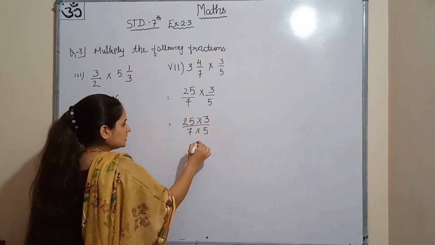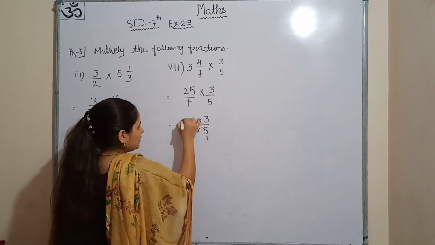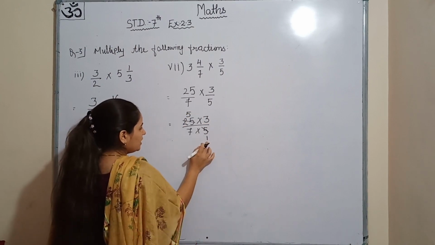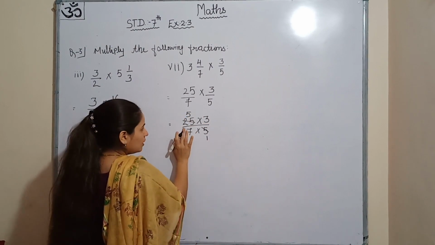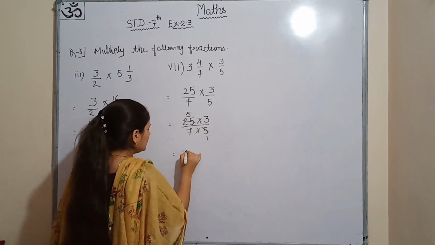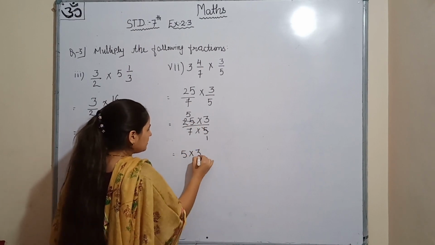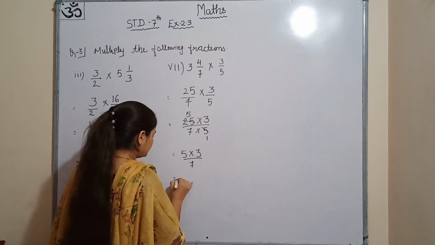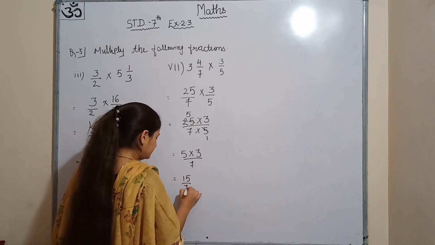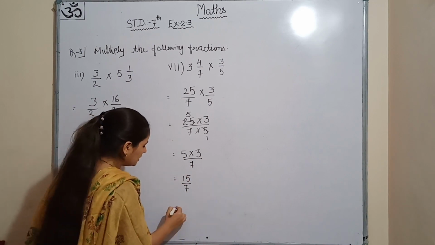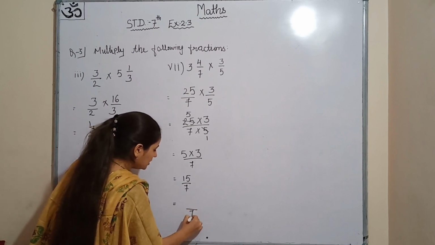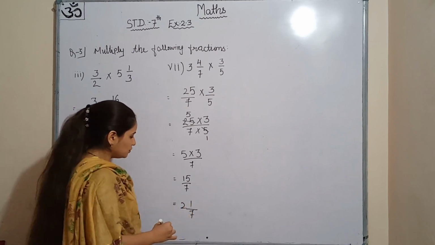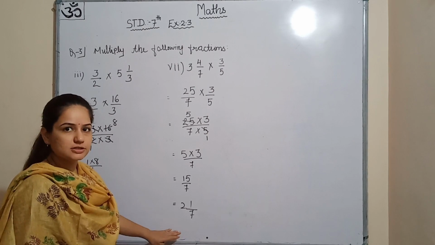Here also we cancel the common factors, that is 5 ones are 5 and 5 5s are 25. The remaining numbers will be multiplied together to obtain the answer. 15 upon 7, and in the mixed fraction it will be written as 2 integer 1 upon 7. This is your answer.